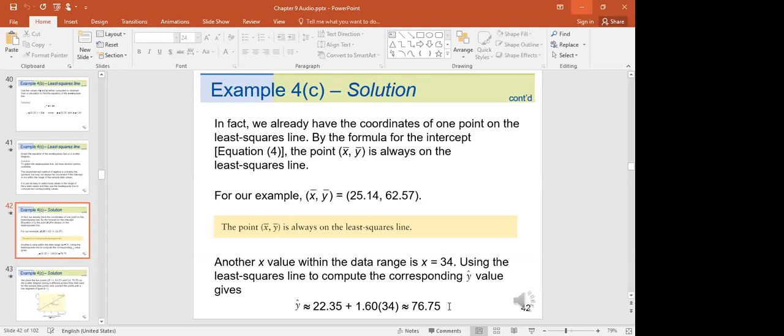Do you remember what we got from the sample for a Caribou population of 34? What did we get for the wolf population? Was that 79? Yes, 79. So 79 is the actual record of data collected. 76.75 is the prediction from the regression line.